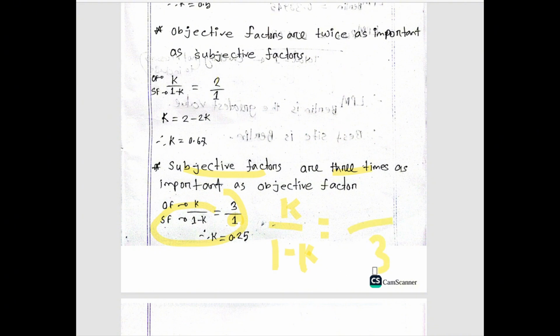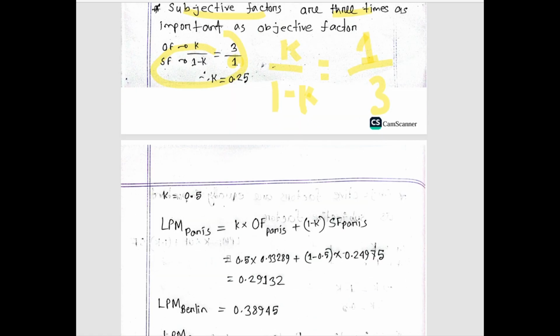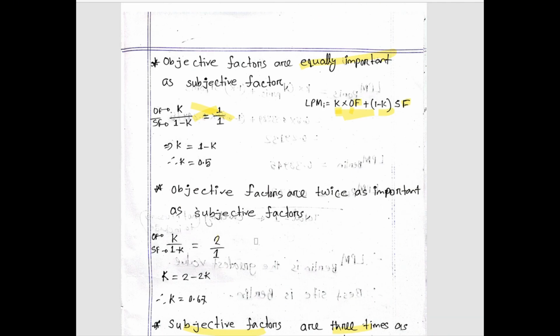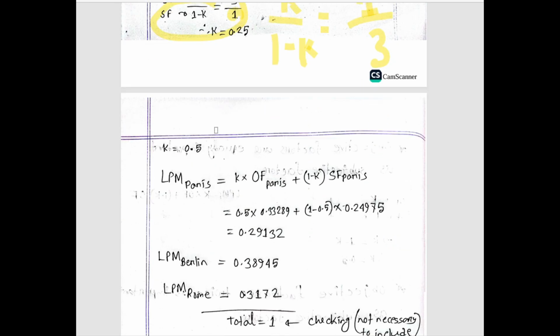That's why here will be 1 and here will be 3. If we cross multiply, we could find the k value. A lot of people memorize the k value for each condition, but we don't have to memorize it. We will just use our brain and calculate it.